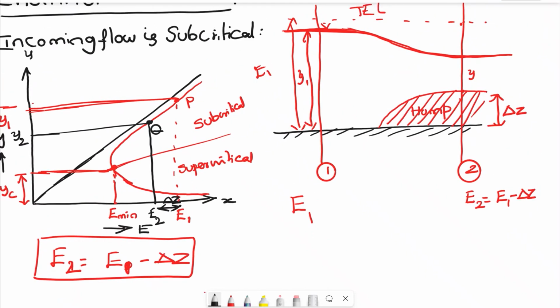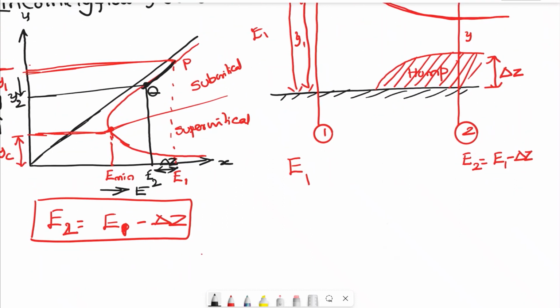Once again, when there is no loss of energy between section 1 and section 2, in the case of subcritical flow, the water surface drops. Because E2 at section 2 is E1 minus delta Z, which I have represented in the figure, and you can see how the depth decreases. This is the first thing that you should remember.